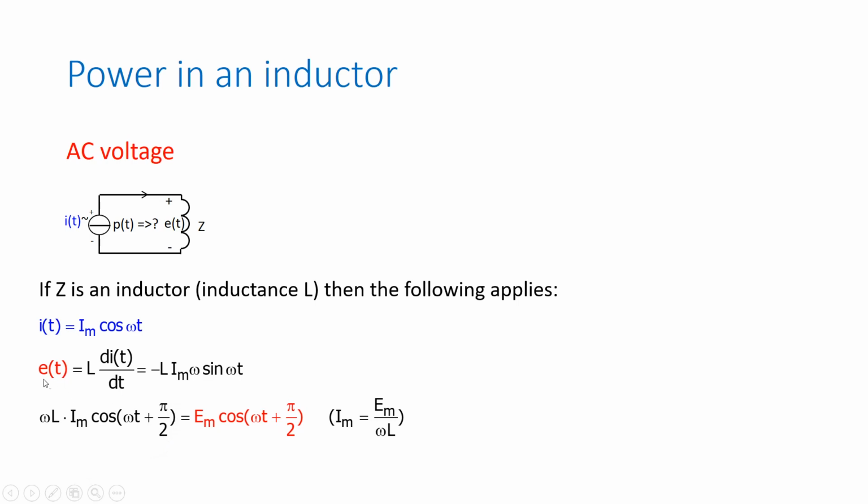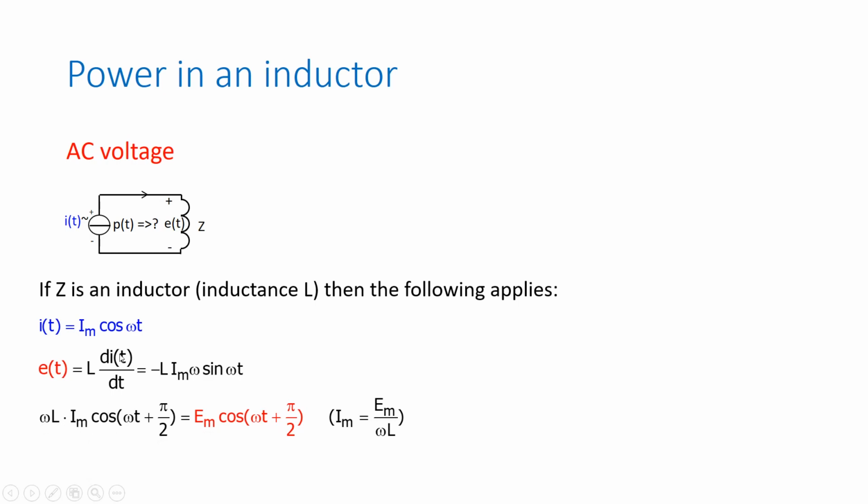So then we get the voltage E is equal to omega times L, which is the impedance of the inductor, times the amplitude of the current, Im, times the cosine of omega times t plus pi over 2. And we can replace this by the amplitude of the voltage, Em, so in our definition, Em equals omega times L times Im.